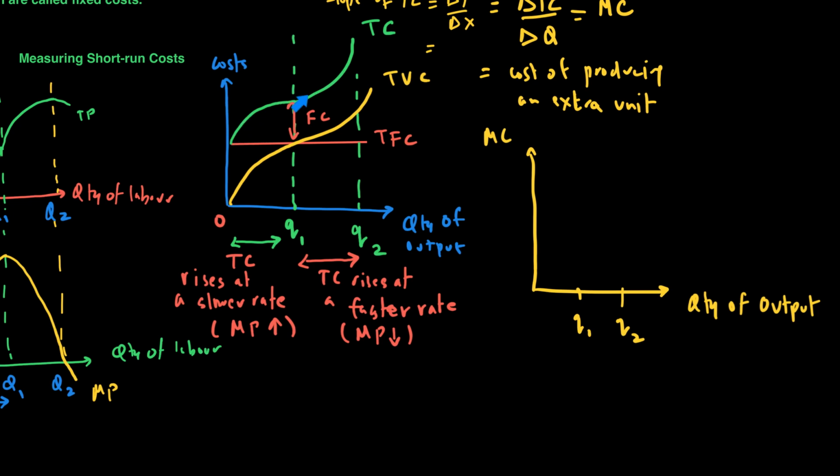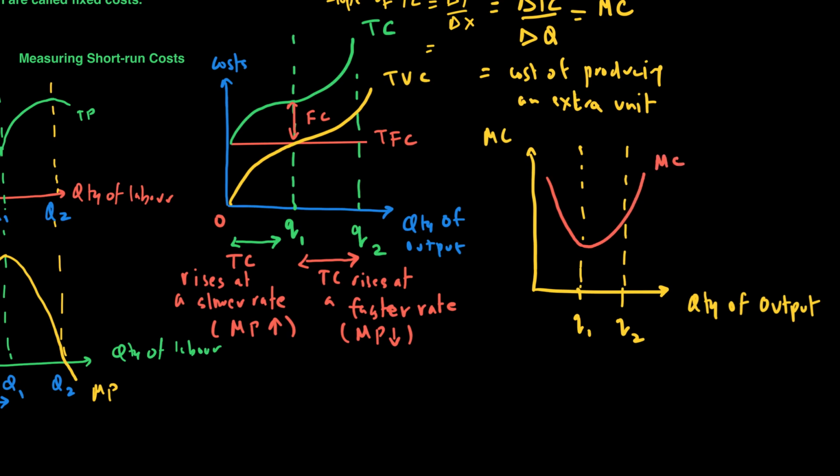Initially total cost is rising at a slower rate because MP is rising, which would mean marginal cost is falling. What is marginal cost? The cost of making one extra unit, which is the slope of total cost. Because total cost is rising at a slower rate, marginal cost is falling. Then total cost starts to rise at a faster rate, and that's where marginal cost starts to rise. So marginal cost will start to rise after Q1.